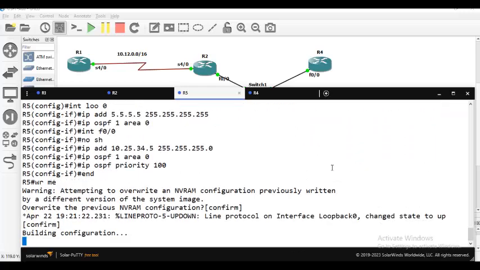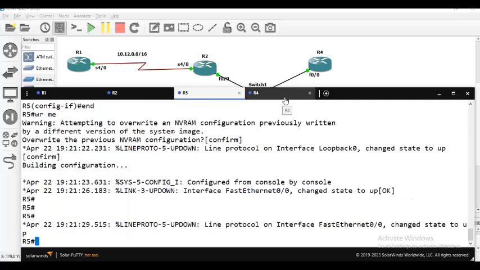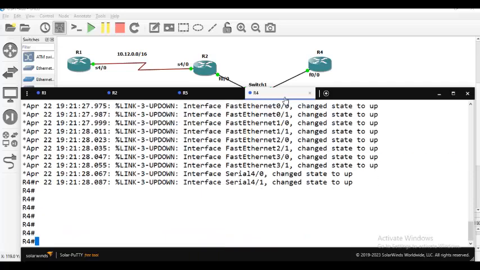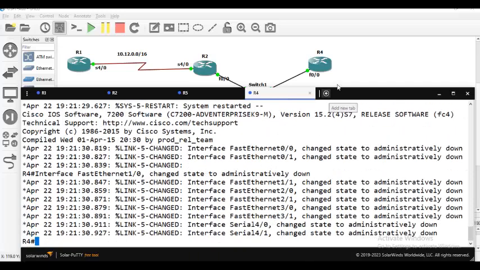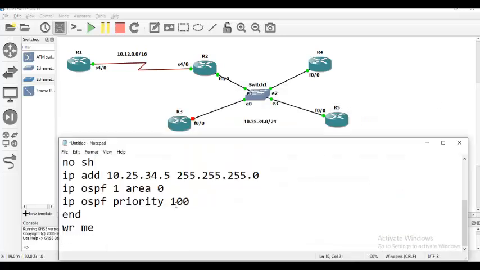Okay. Now router 4's configuration. Router 4, I want it to be BDR, so I'm giving 50. The default is 1. We all know on Ethernet, fast Ethernet, all Ethernet it is 1. This is going to be 4 here.